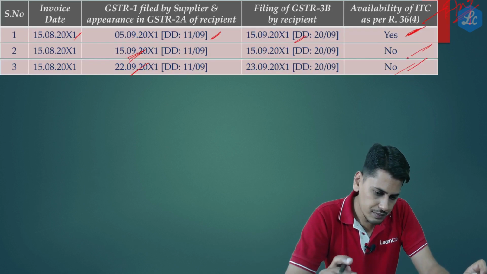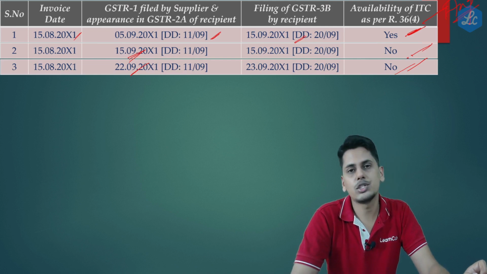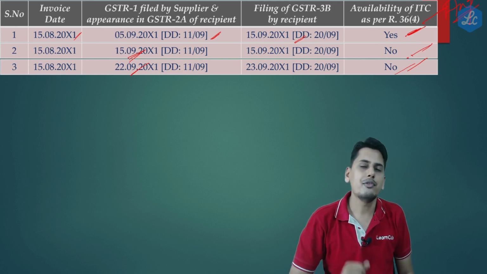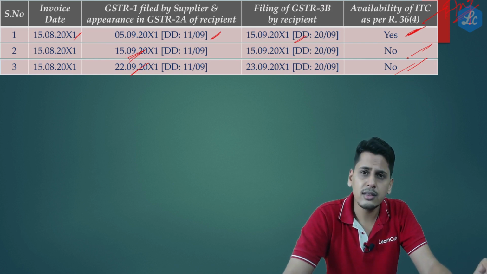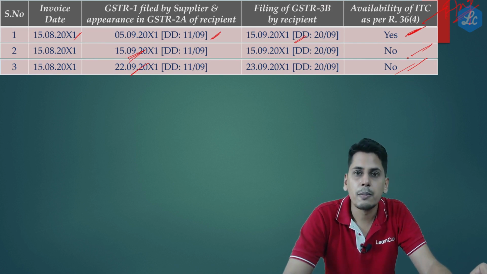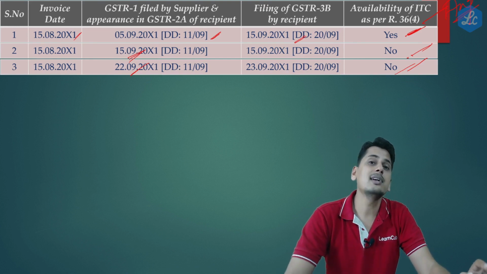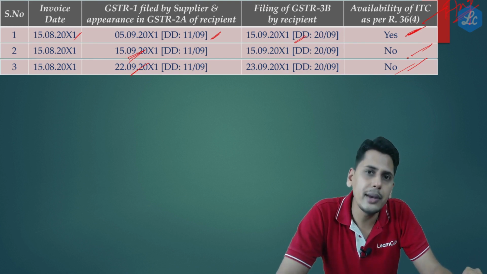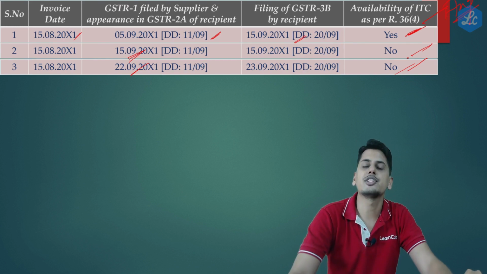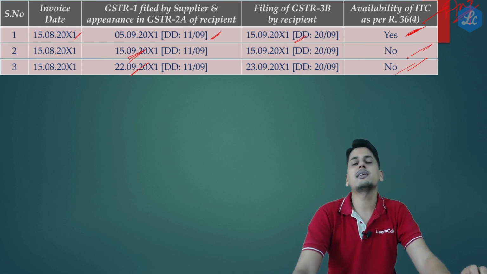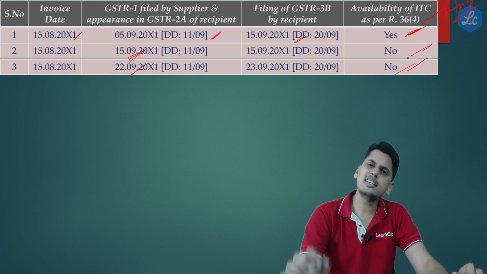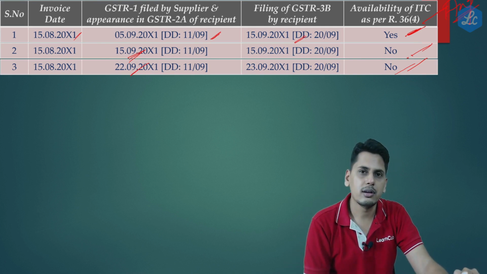So friends, now this leads to a demand from the industry. The industry says, look, what appears in our GSTR2A, it is a dynamic document. Please follow this discussion carefully. The taxpayers are representing, GSTR2A is a dynamic document.